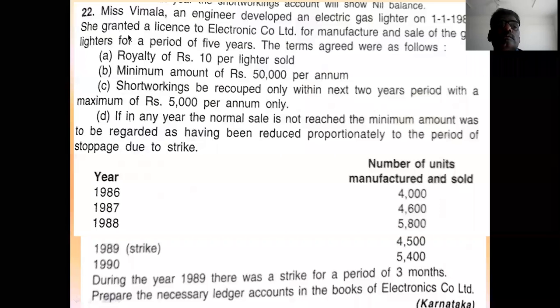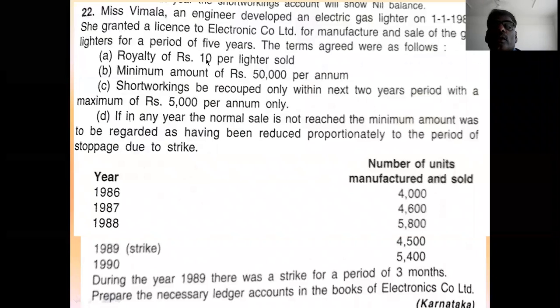Once again, I'll repeat. Minimum rent: Vimala is the lessor because they hold the patent or developed the electric gas lighter, and Electronic Company Limited is the manufacturer, they are the lessee.